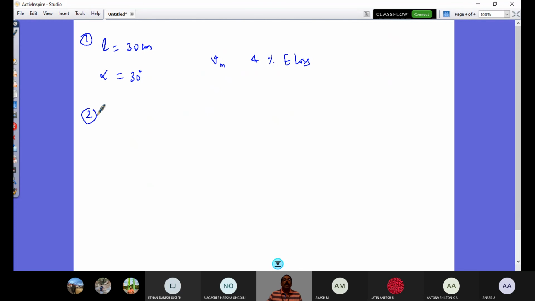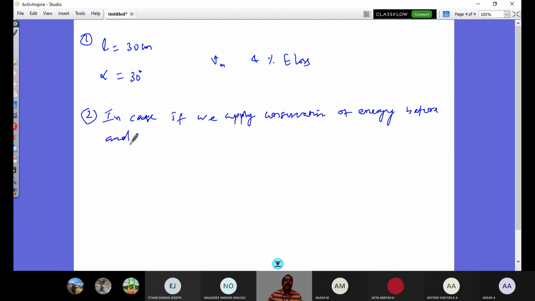Also, in case we apply conservation of energy before and after impact, what is the initial velocity and energy loss?